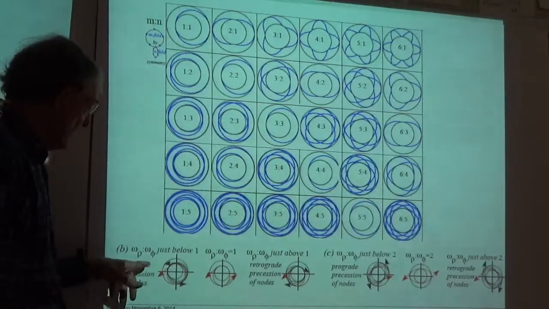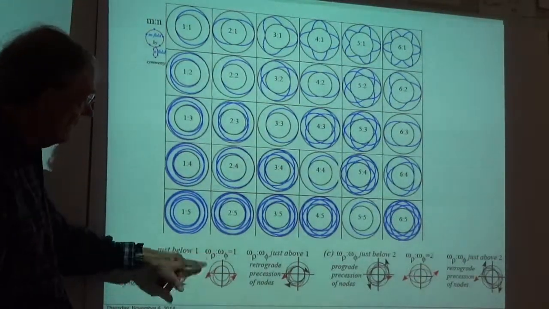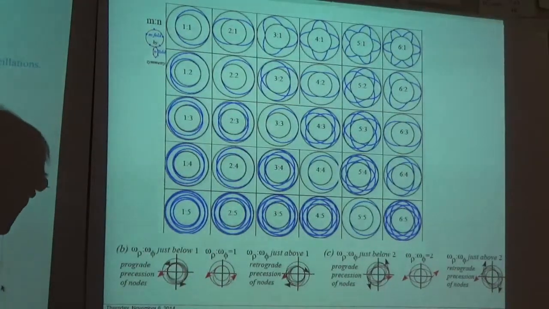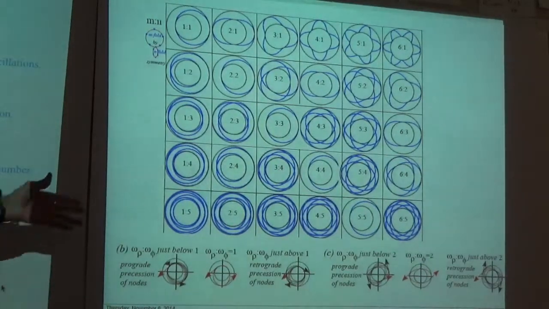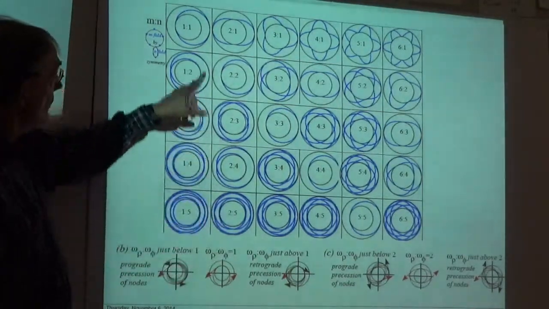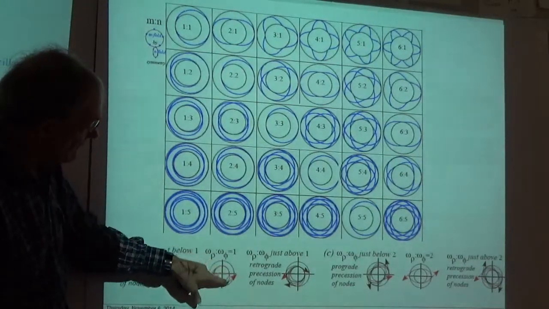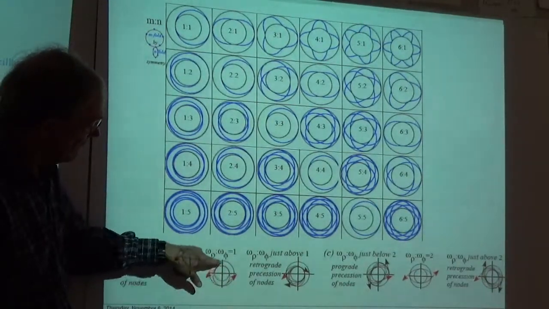In any case, pick a value of 1, where the ratio of those two is 1. Come back to this picture here, there's the 1-to-1, up at the top. So when that ratio is 1-to-1, you have some kind of closed orbit, the red thing there.